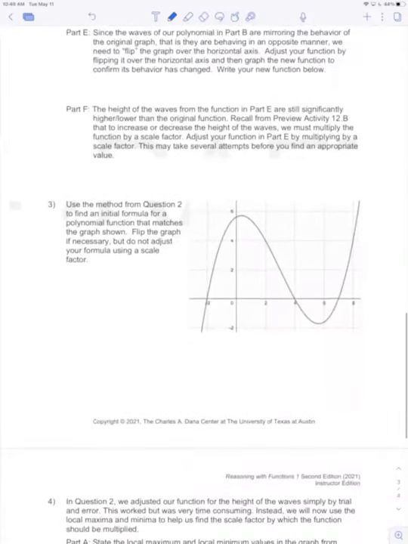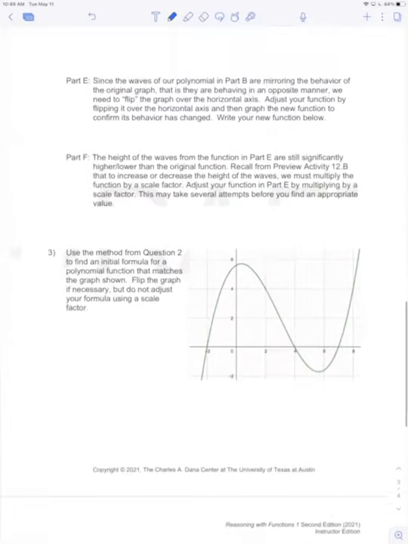Part E says, since the waves of our polynomial in part B are mirroring the behavior of the original graph, that is, they are behaving in an opposite manner, we need to flip the graph over the horizontal axis. Adjust your function by flipping it over the horizontal axis and then graph the new function to confirm its behavior has changed. Write your new function below.